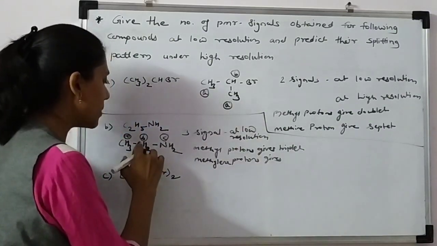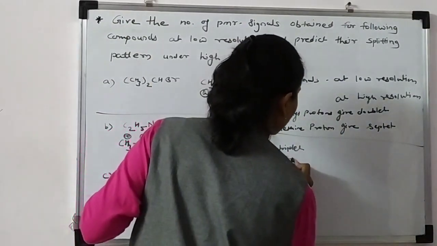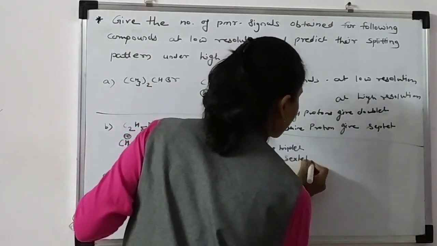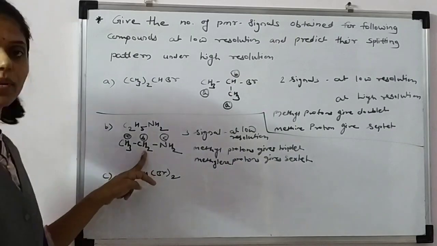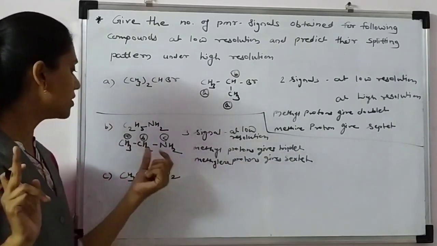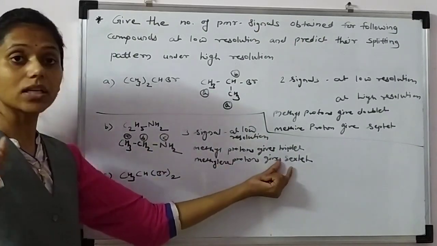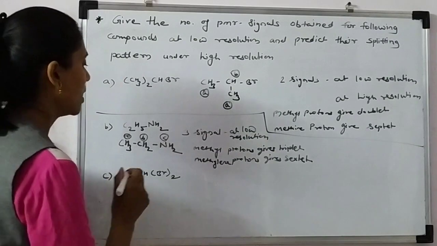That means this methylene group gives a sextet. 5 plus 1 according to the n plus 1 rule gives a sextet. We write down here the spin-spin coupling pattern at high resolution.